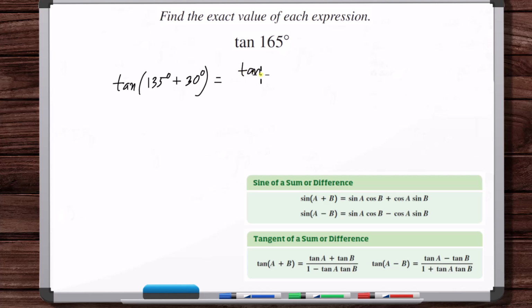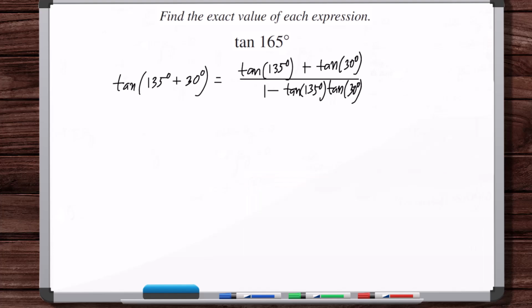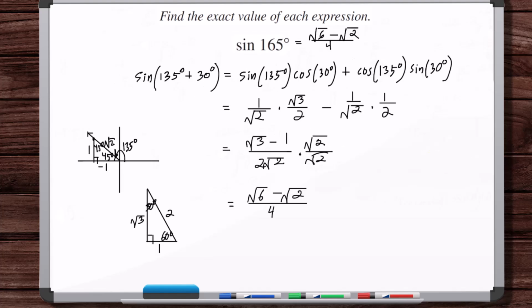So that's going to be tangent of 135 plus tangent of 30 over 1 minus tangent 135 times tangent 30.